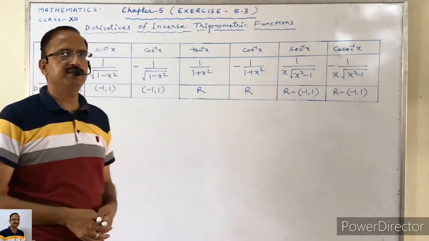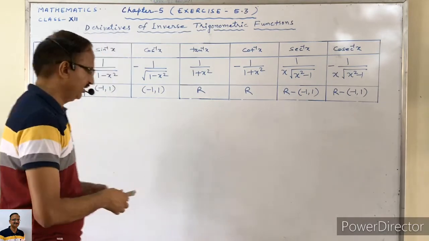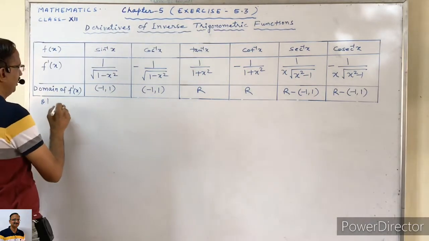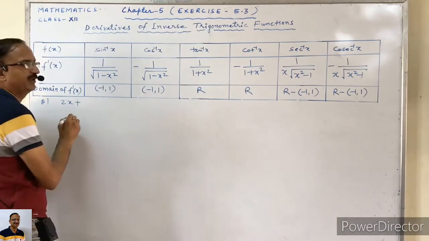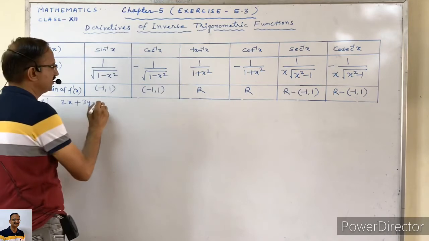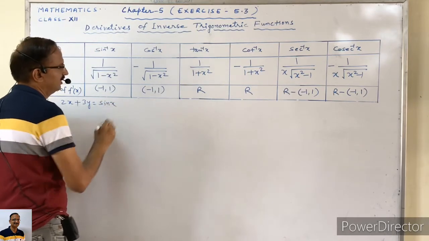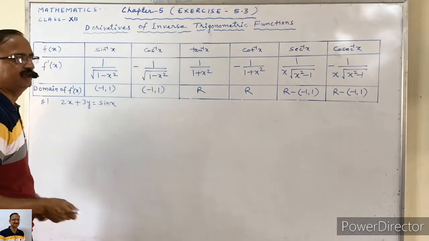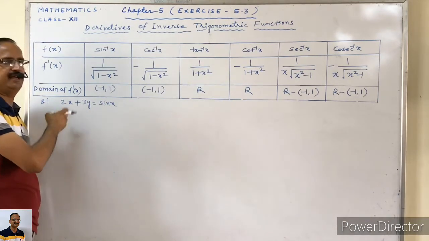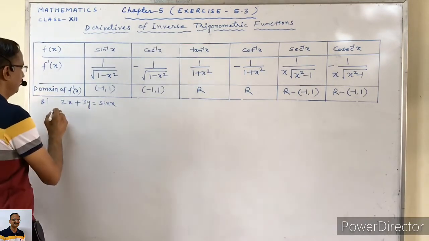So let us start with question number 1. The question is 2x plus 3y equals sin x. We have to find dy by dx. So we will differentiate the left hand side and right hand side.